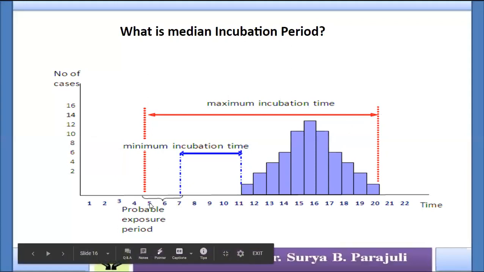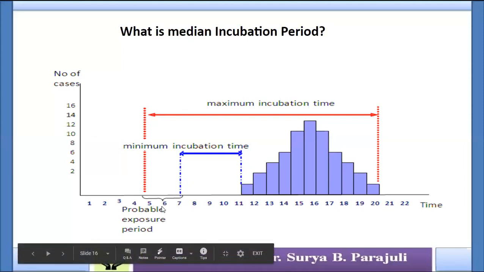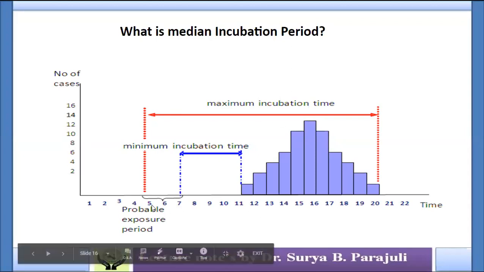If you measure from the midpoint of the probable exposure period to the midpoint of the highest number of cases in this epidemic curve, you can find the median incubation period.